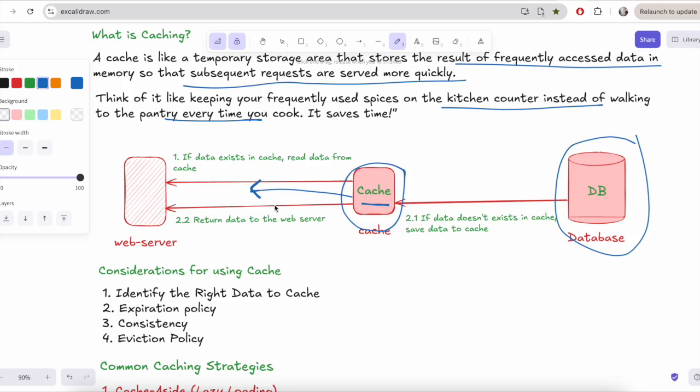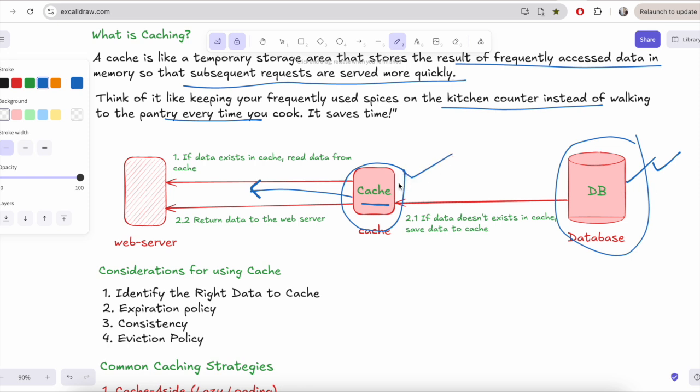So how does cache help you right here? Basically, cache helps you to reduce the database workloads. Why did I say database workloads, right? If you get the same query or same request from the client again and again, instead of querying the database multiple times, you have already queried for the first time and you have saved the response here, right?